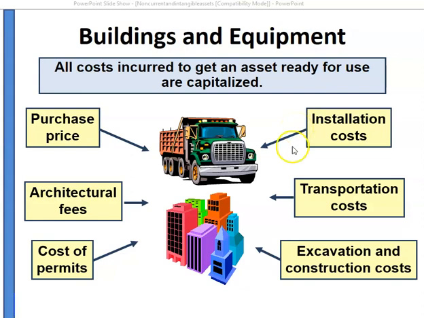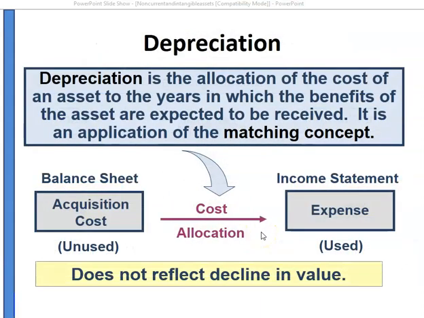Maybe we install some extra equipment to account for that. Any cost of permits associated with, say, building a building or a set of buildings from the ground up. These are all one-time expenses, and so they would be added to the cost of the asset.